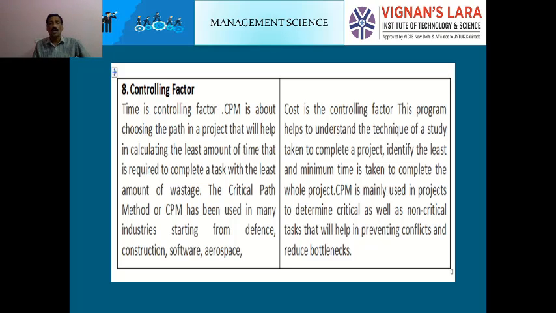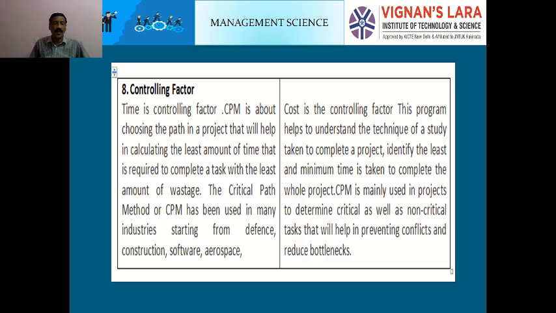In such situations, we are ready to prevent conflicts, disputes or variations, and also reduce the bottlenecks in appropriate completion of an activity or a task. That is, PERT is an interlinked activity.